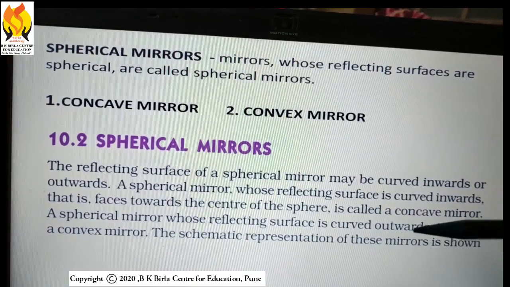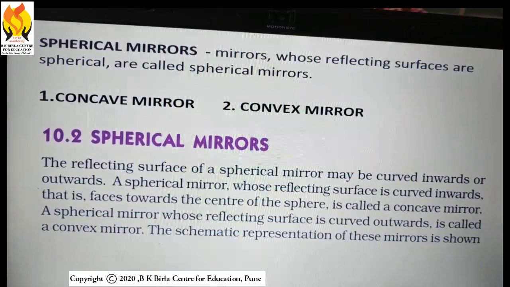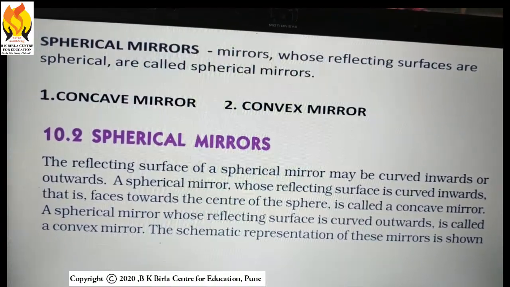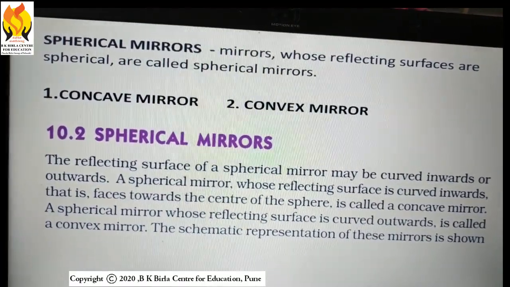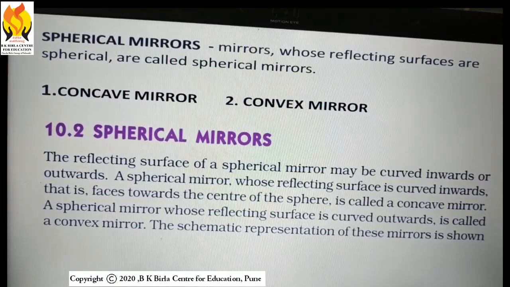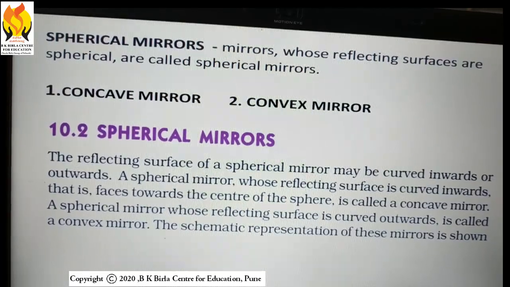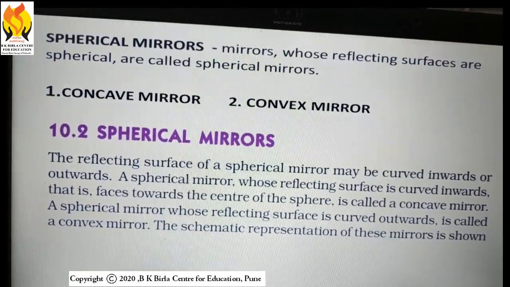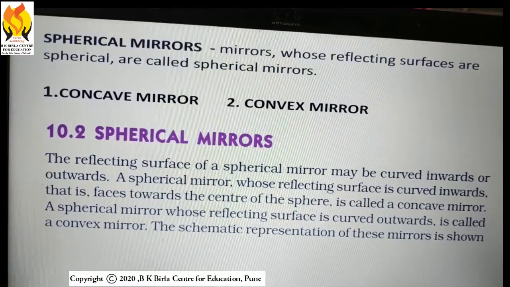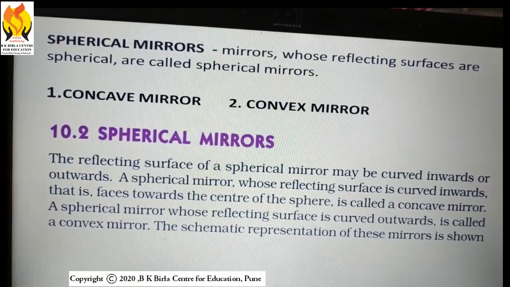Let us consider the reflecting surface of a mirror. It may be curved inwards or curved outwards. A mirror whose reflecting surface is curved inwards is called a concave mirror, and the one whose reflecting surface is curved outward is called a convex mirror.